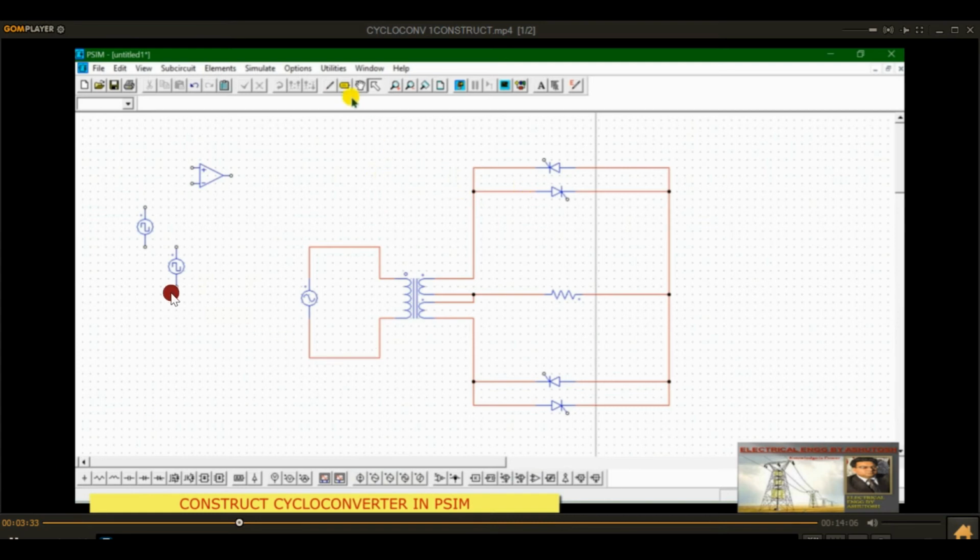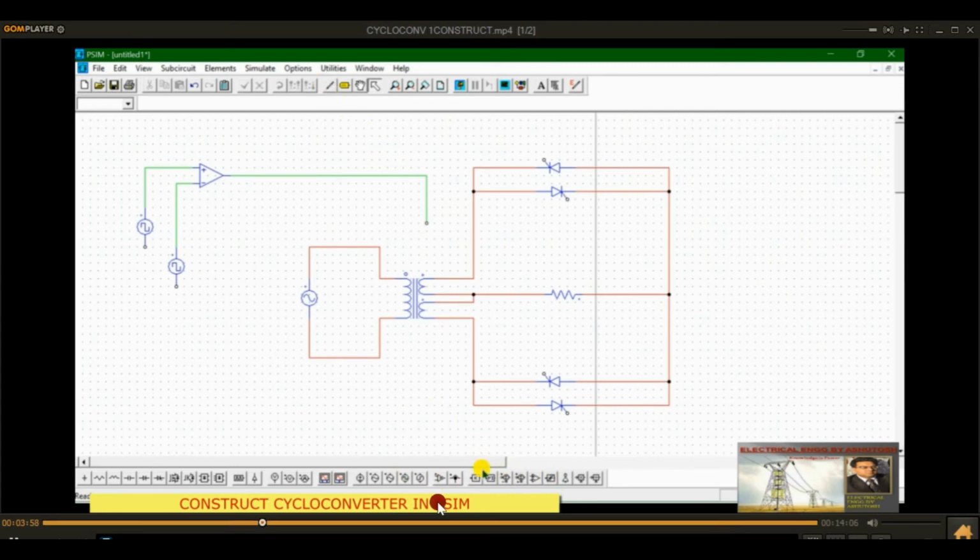Here we will put the frequency. These are basically square wave generators. And then this is called a comparator. Then we will connect the output point of this comparator to the gating block, to the gating signal of the thyristor.